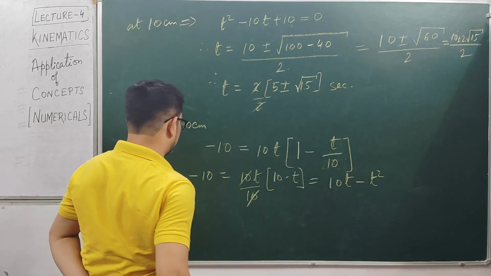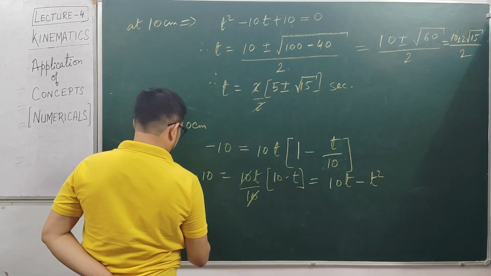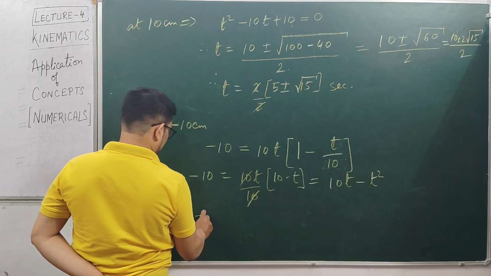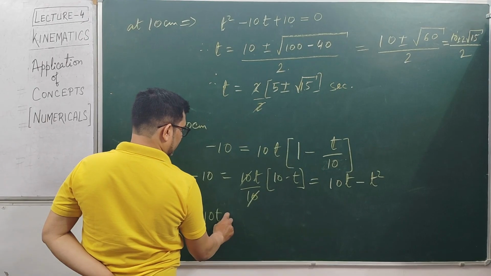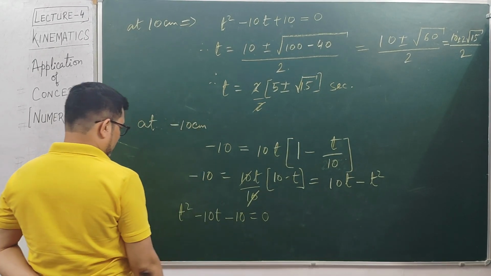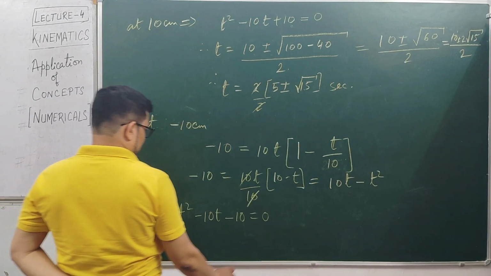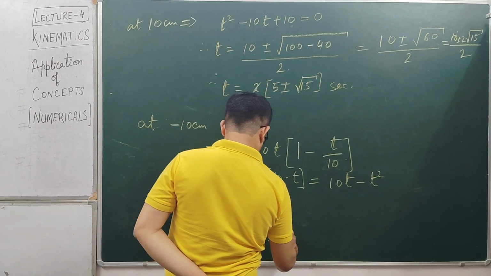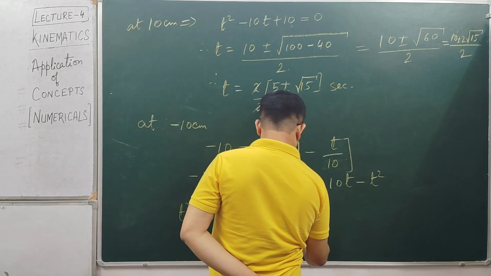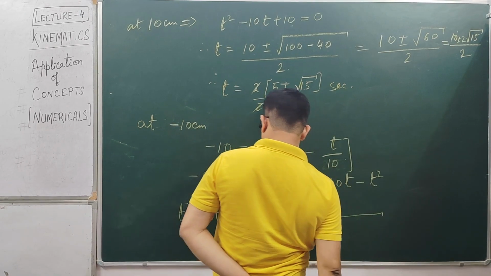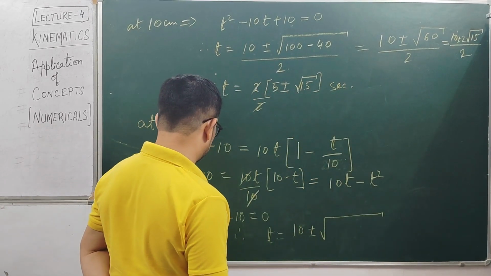Just that the sign is different, so we'll bring the t squared to this side, and we get t squared minus 10t minus 10 is equal to 0. Again, if you use the formula, this t would be 10 plus minus under root. Now here it's quite interesting.